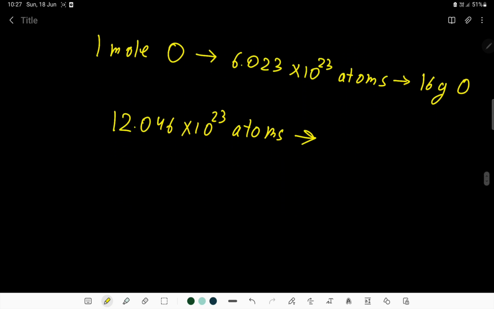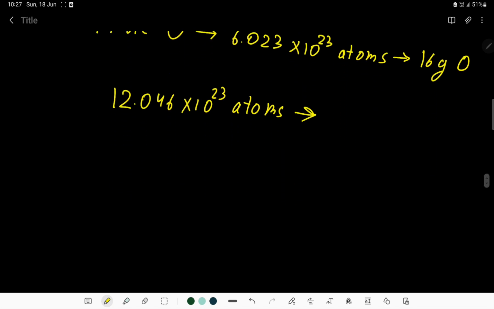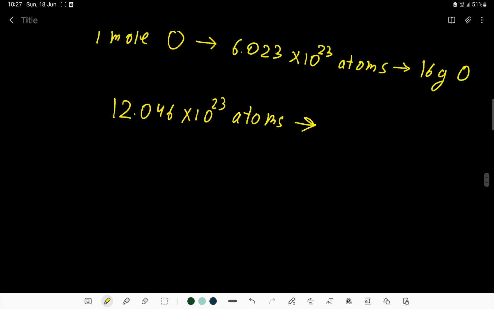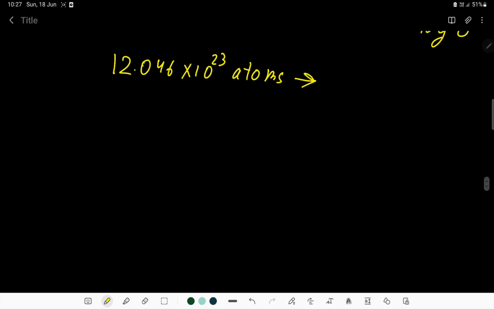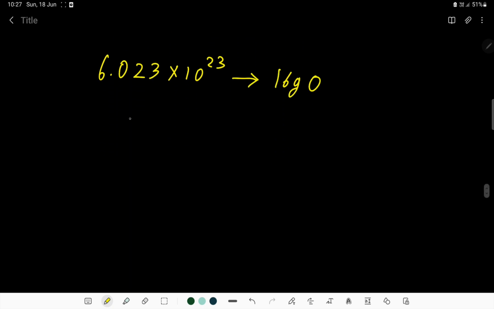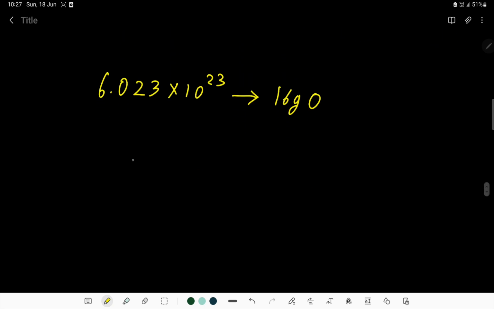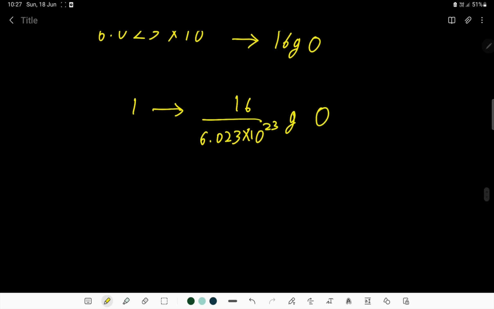Let's see. We have an equation right here: 6.023 into 10 to the power of 23 atoms will make 16 grams of oxygen. If we divide both sides by Avogadro's number, we get 1 atom on one side, and on the other, 16 divided by 6.023 into 10 to the power of 23 grams of oxygen.